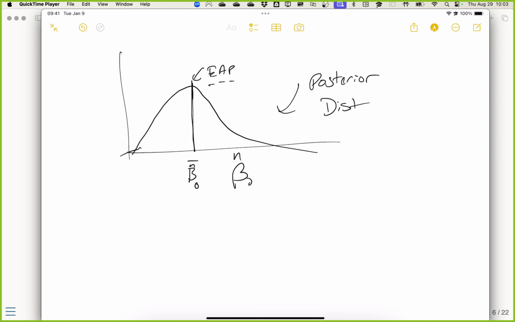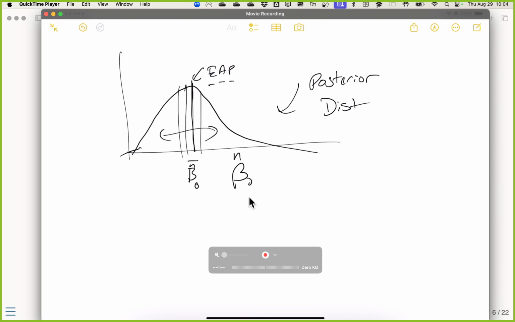Expected meaning expectation, a synonym of mean, the expected value of a distribution. But that's not the only way we can summarize it. We can talk about standard deviation. We could also talk about median, or even mode. Actually, median would be here, mode would be there. Anyway, getting my skewness strong.